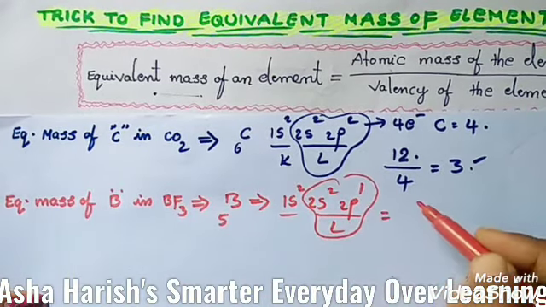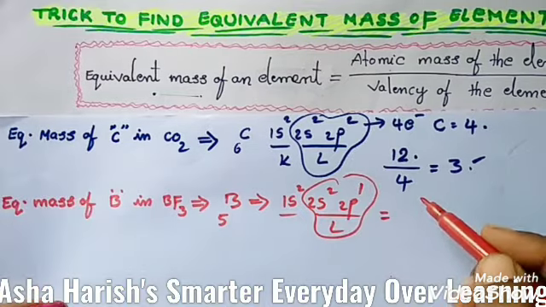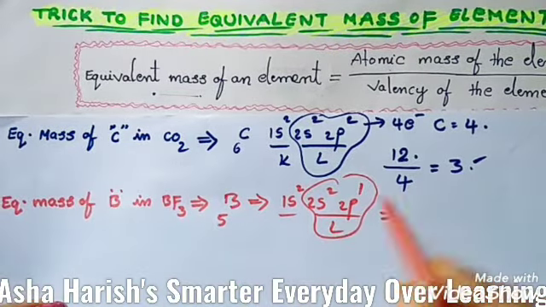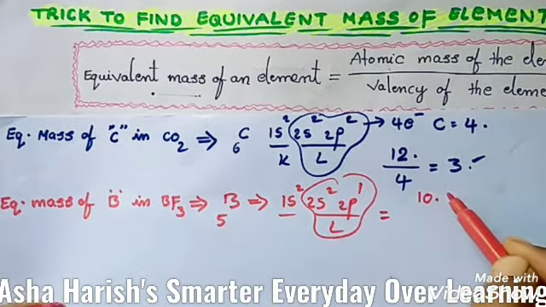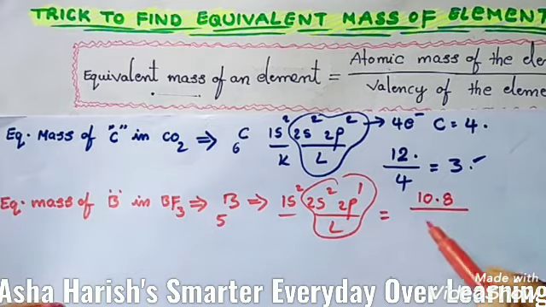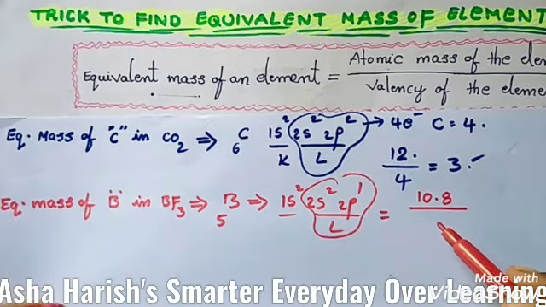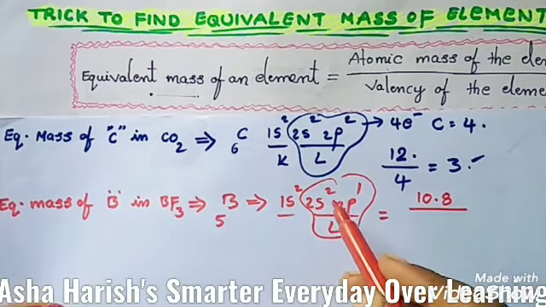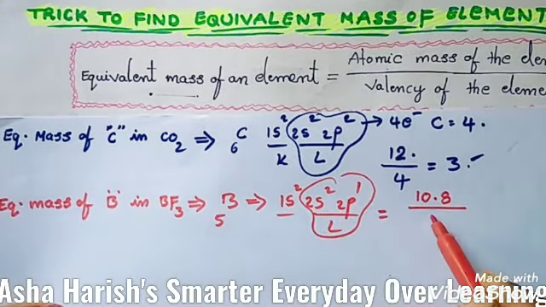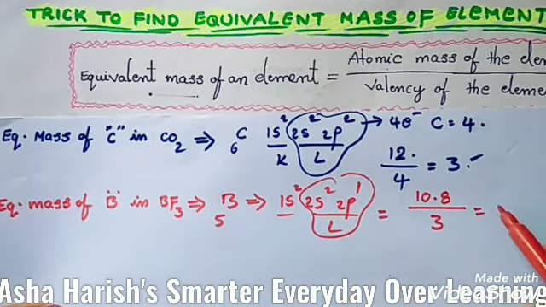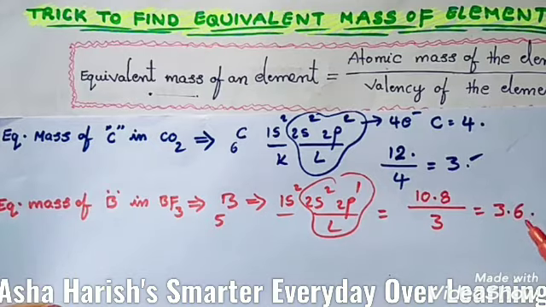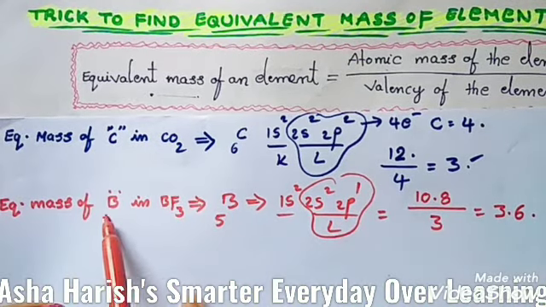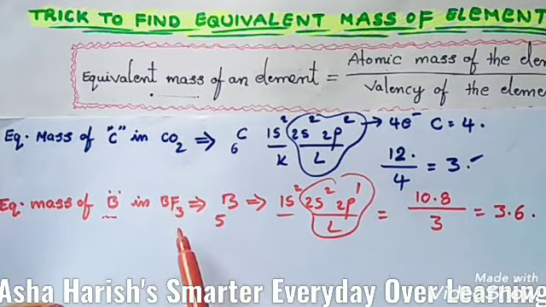The atomic mass of boron is approximately 11, divided by the valency. There are only 3 valency electrons, so the valency is also 3. Now you get the answer 3.6, the equivalent mass of boron in BF3.